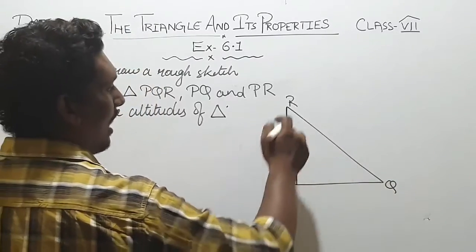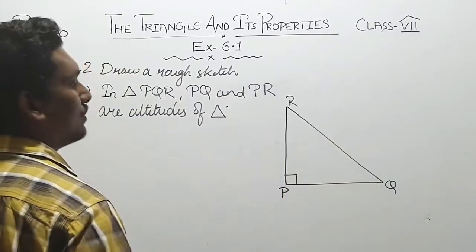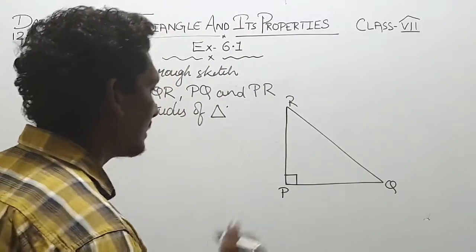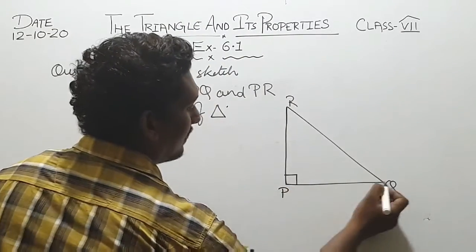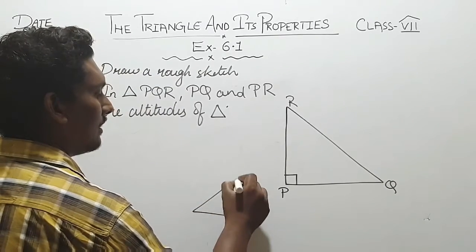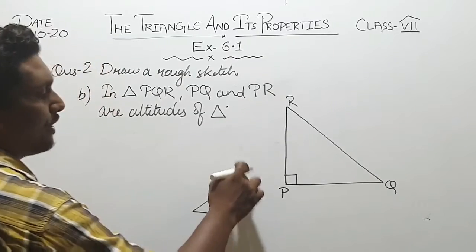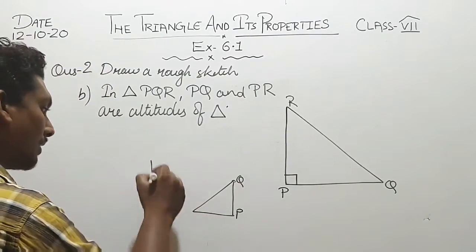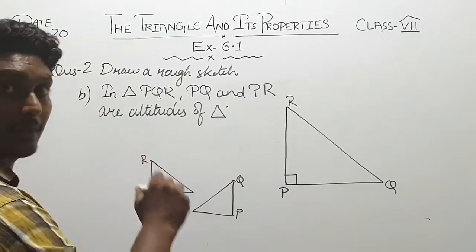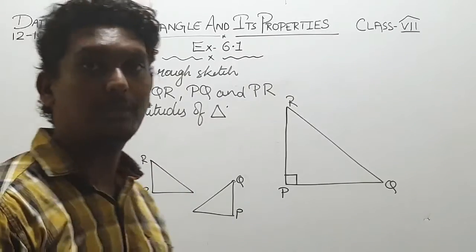So we have to draw a right angle triangle. Once again, PQ is the altitude here. Then we are talking about PR. PR is an altitude here. Just go through it.